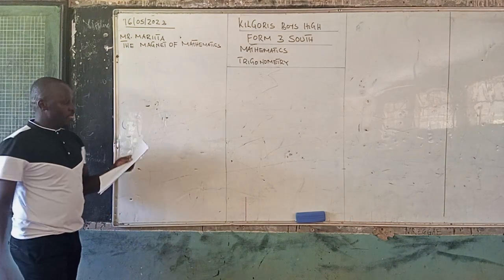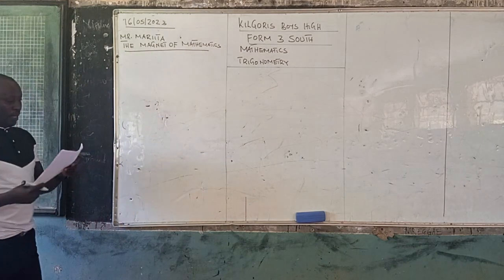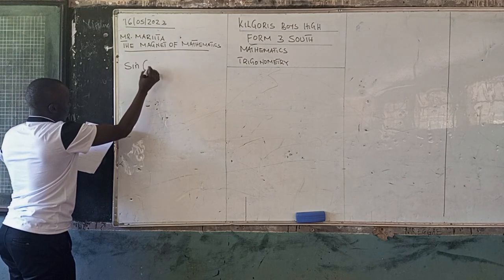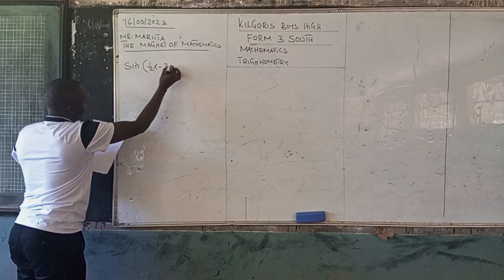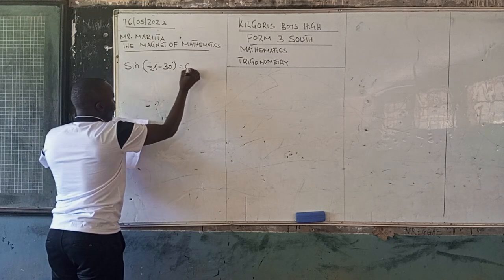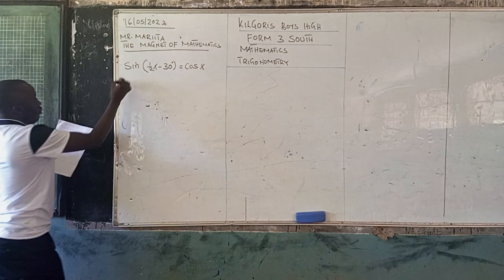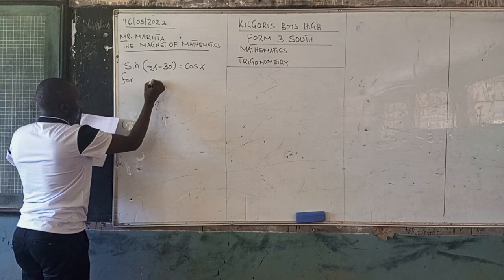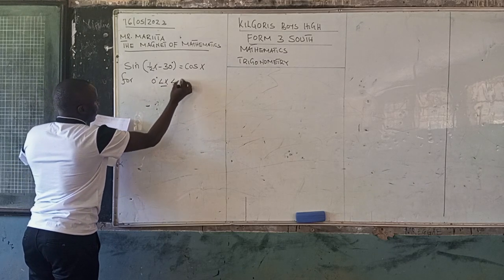Solve the question: sine of (1/2 x minus 30 degrees) is equivalent to p cos x, for x within the range of 0 degrees and 90 degrees.